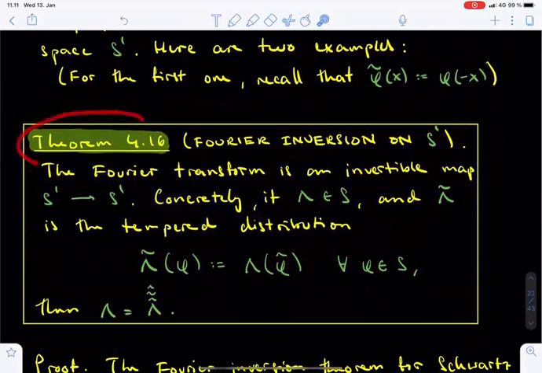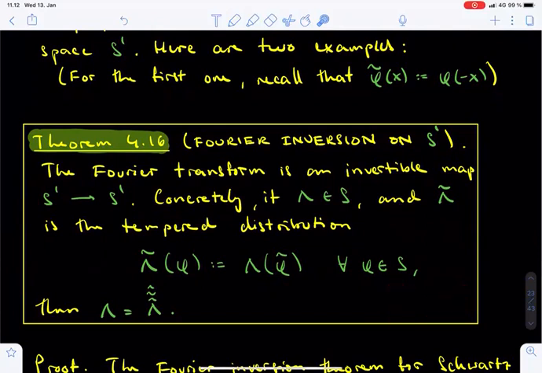Theorem 4.16 states that the Fourier transform map is invertible on the space of tempered distributions. In other words, every tempered distribution can be expressed as the Fourier transform of another tempered distribution. Recall that we have seen similar statements before for the space of Schwarz functions and also the space L2.